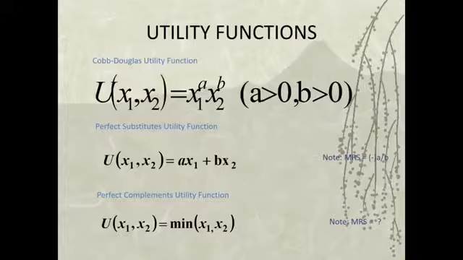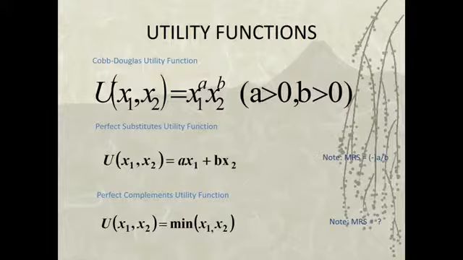Now, based on this, there are different utility functions which have been developed. The standard utility function which we are going to use frequently is the Cobb-Douglas utility function, which is a well-behaved utility function as far as analytical points are concerned. It is expressed in the form u(x1, x2) equals x1 to the alpha times x2 to the beta.